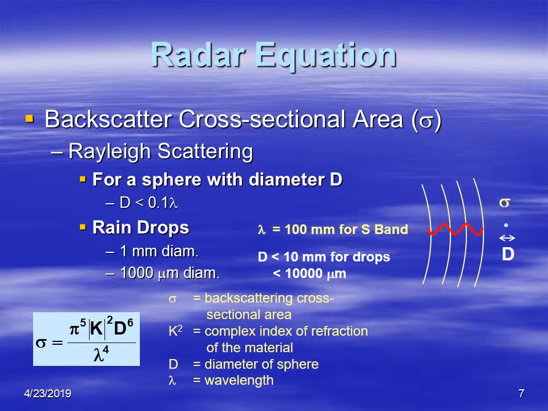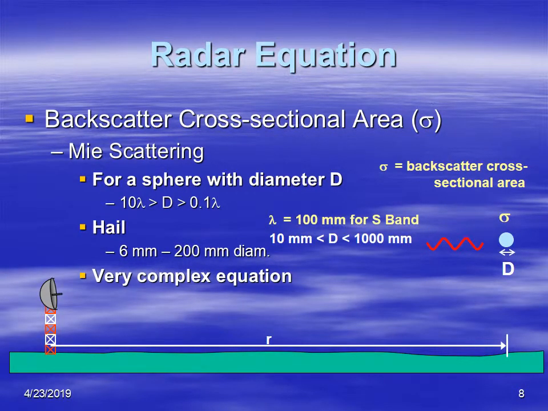Compare that to a typical raindrop, which is usually about 1,000 microns. In other words, the things that we see in our atmosphere, typically precipitation-sized particles, are what show up on National Weather Service 10 centimeter radars, because that's the wavelength they selected. They want to look at precipitation-sized particles.